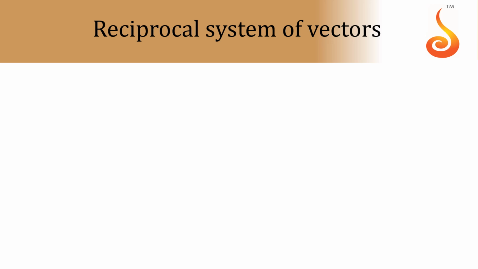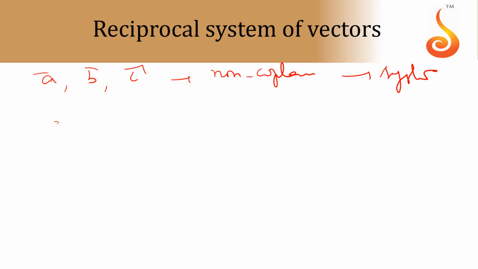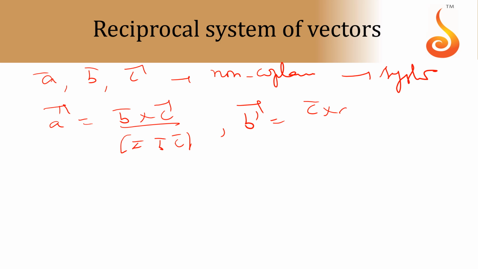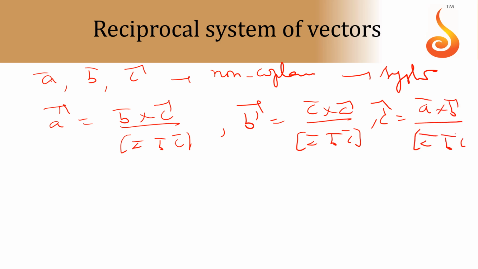Reciprocal system of vectors. Suppose A bar, B bar, C bar are three non-coplanar vectors. So it forms a system. Then A dash bar equals B cross C by box ABC. B dash bar equals C cross A by box ABC. C dash bar equals A cross B by box ABC.